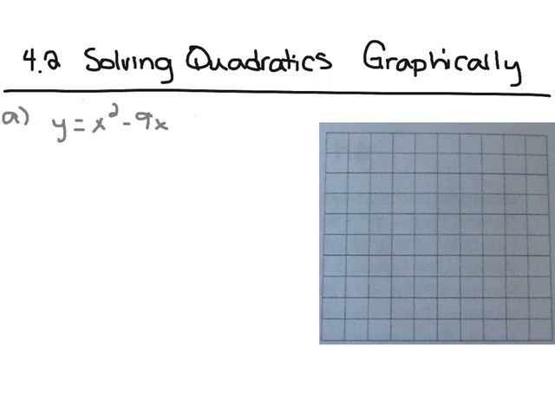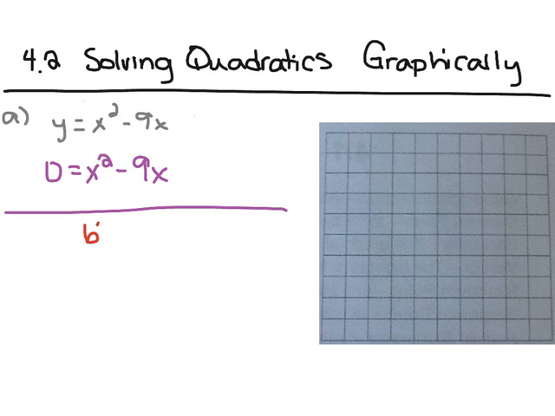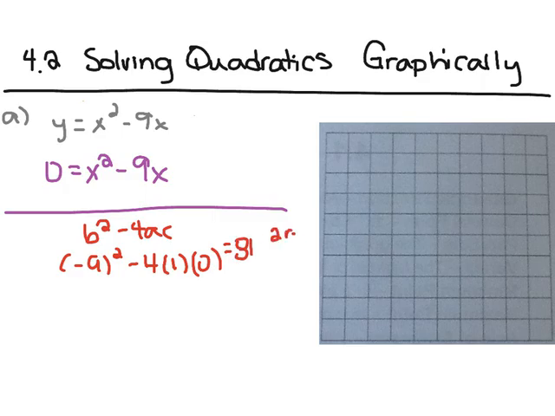For the next equation, we're going to write it as an equation, so it's 0 equals x squared minus 9x. The discriminant is going to be b squared minus 4ac. So negative 9 squared minus 4 times 1 times 0, so it's 81, and we have two rational roots.